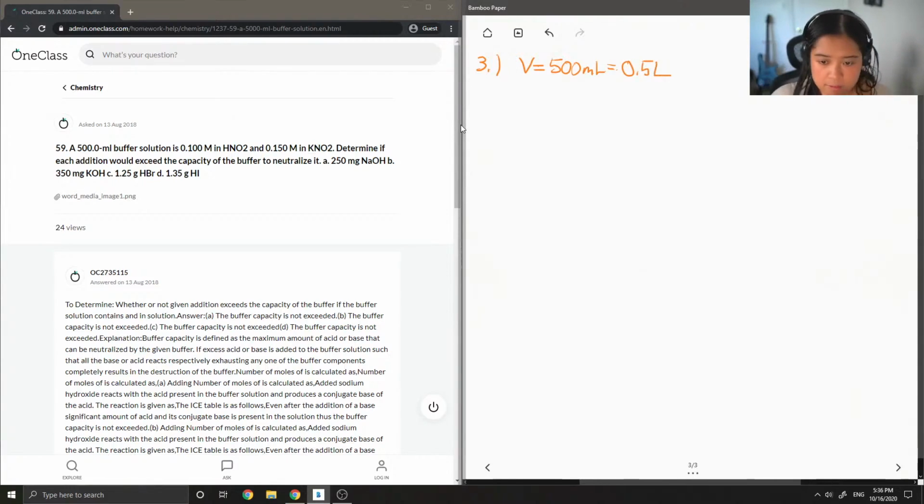And then I'll write down the concentration. HNO2 is 0.1 moles per liter. Concentration KNO2 is equal to 0.15 molar.